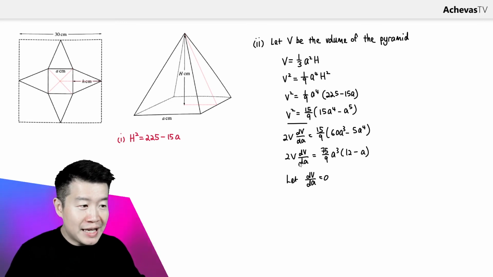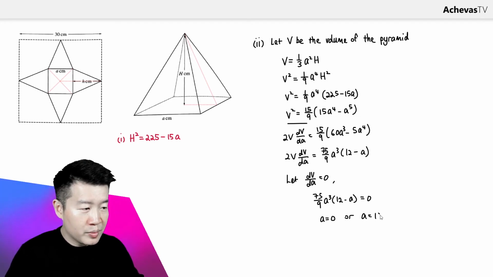So letting dV/dA be equal to 0, this entire left hand side becomes 0. So we will have 75 over 9 A cubed, then 12 minus A, equal to 0. So A will be equal to 0, or A will be equal to 12.